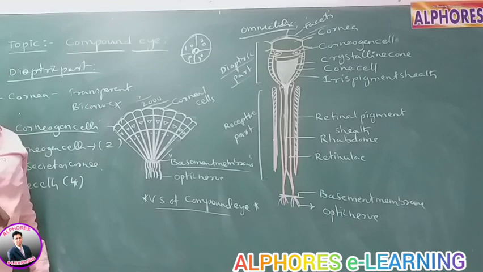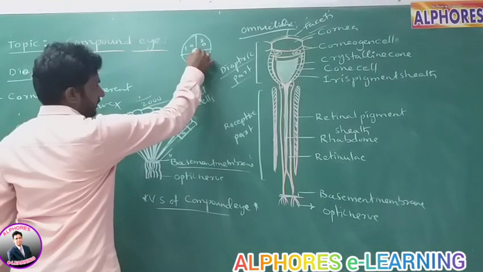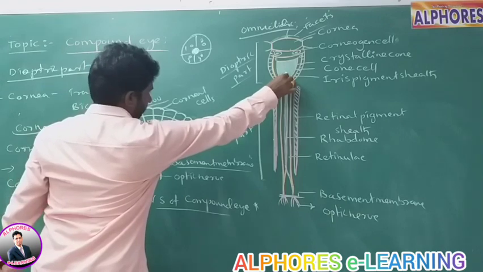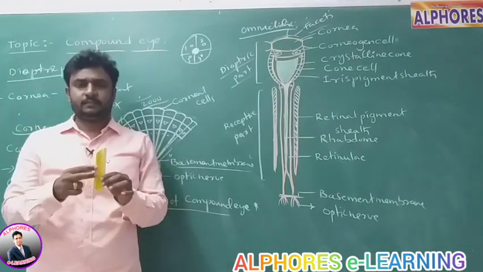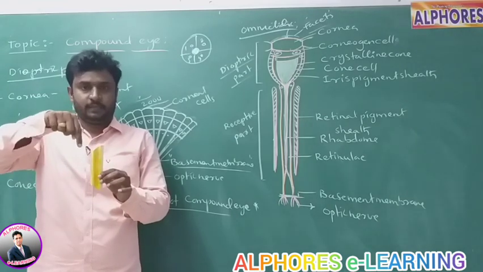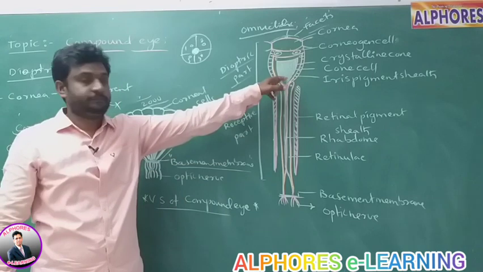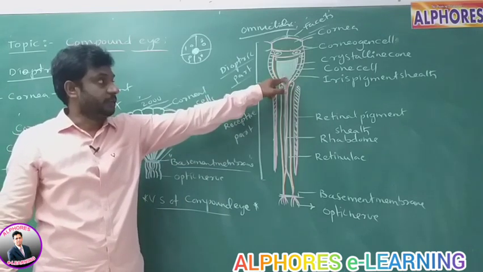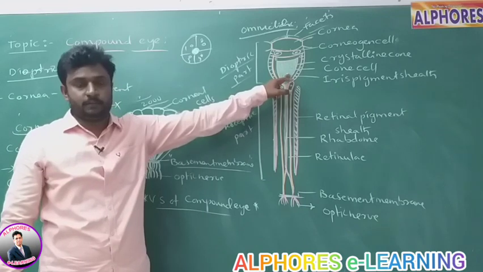Inside the cone cells there is one structure which is called the crystalline cone. The cone cells are present like this, 1, 2, 3, 4, surrounding it. In the center of the cone cells there is one crystalline cone, and these cone cells form the crystalline cone.